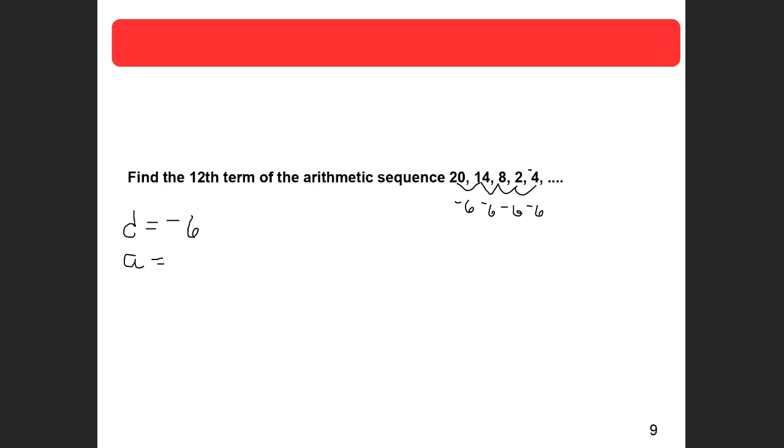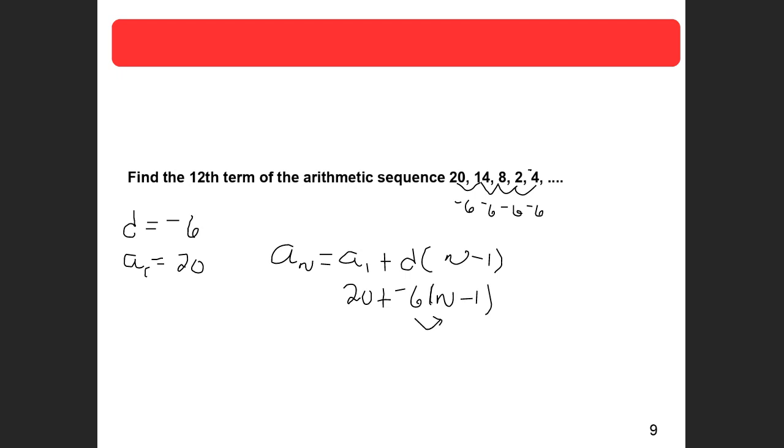My first term is 20. So if I'm going to write an equation, a sub n is equal to a sub 1 plus d times n minus 1. So a sub 1 is 20 plus negative 6 times n minus 1. I'm going to multiply through here. So that gives me negative 6n plus 6.